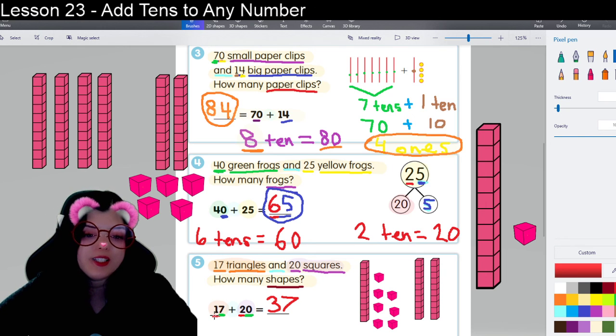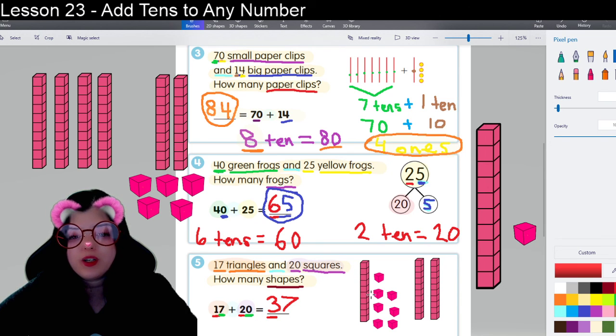And now we know that 17 plus 20 is 37 because we added our tens place together. 1 plus 2 made 3. And then we added our ones together. 7 plus 0 made 7. So we had 37 in all, 37 shapes.